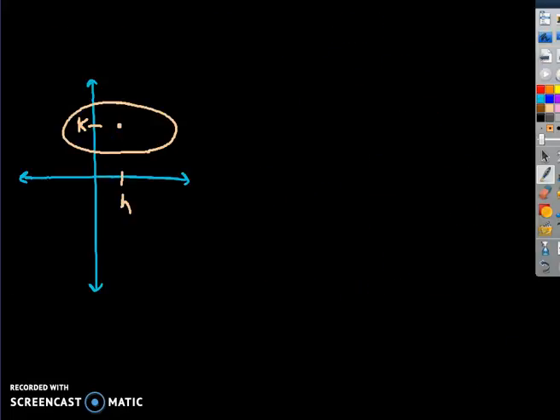Sometimes the center is on the origin, sometimes the center is elsewhere. No matter where the center is, the center of this ellipse is the coordinate (h, k). If at the origin, h and k are both 0; I purposely made this one not at the origin, someplace else.